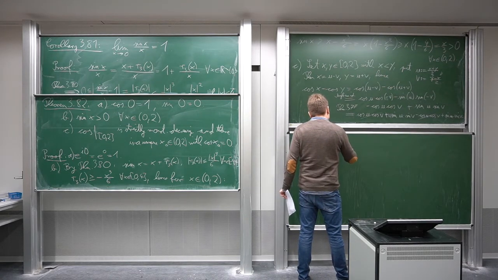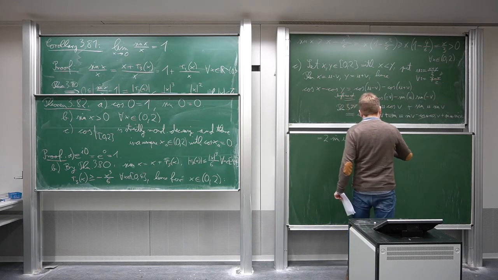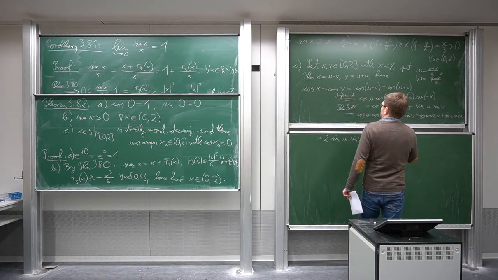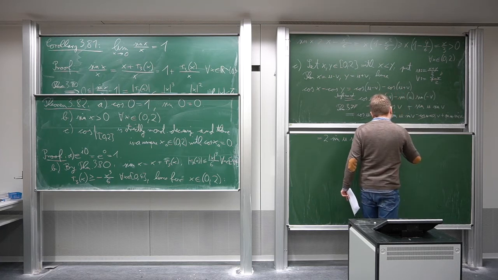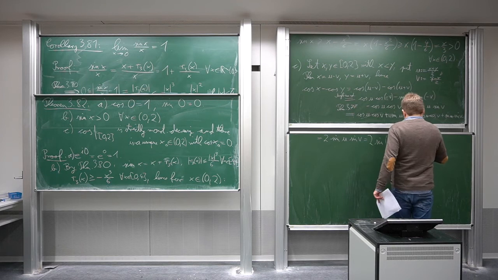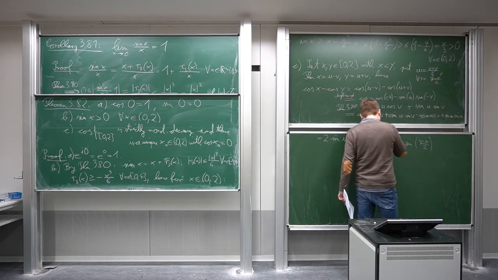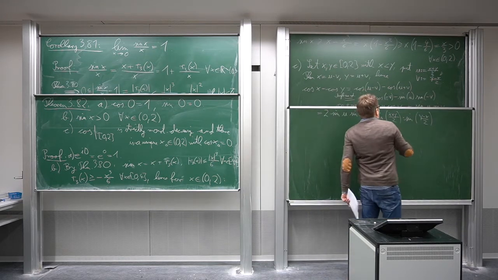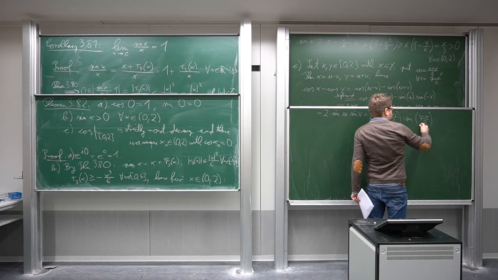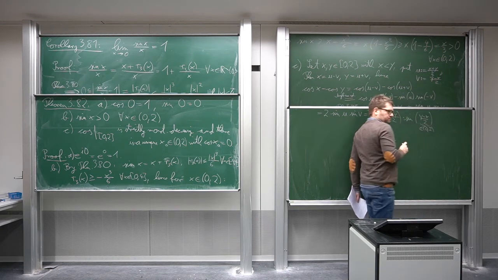So this is the same as 2 sine u sine v, which by definition is 2 sine of x plus y over 2 times sine of y minus x over 2. Now it's easy to see, because x and y are in this interval and this inequality holds, that this is bigger than 0 and bounded from above by 2, so this is in 0, 2.